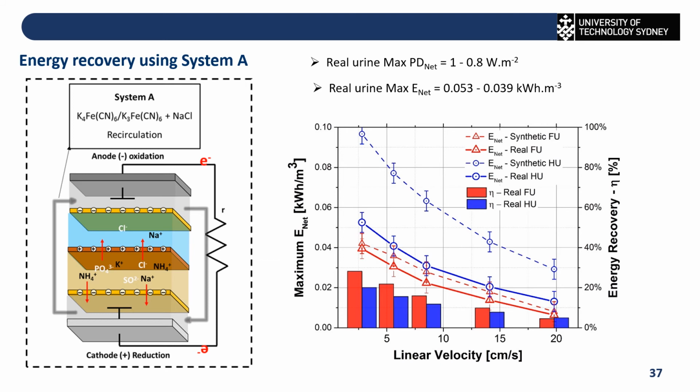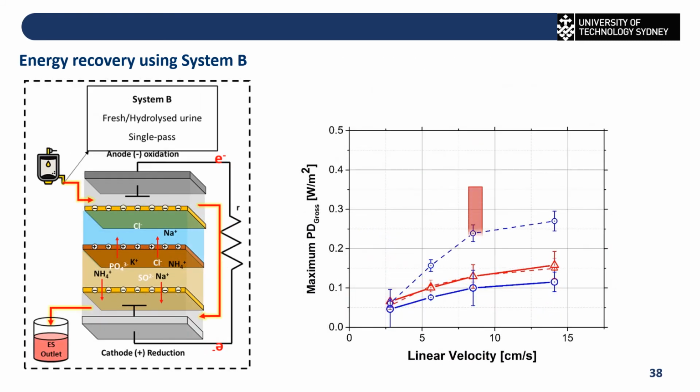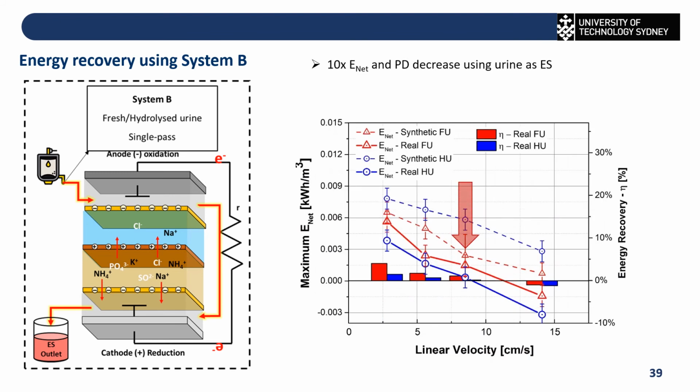And then we found, based on the commercial electrolyte, this level of power density and maximum net energy. In system B, we replaced our electrolytes and looked at what power density could be produced, and this is a very minimal power density, around 0.1 watt per square meter, and the net energy is also very low compared to system A, about 10 times lower.